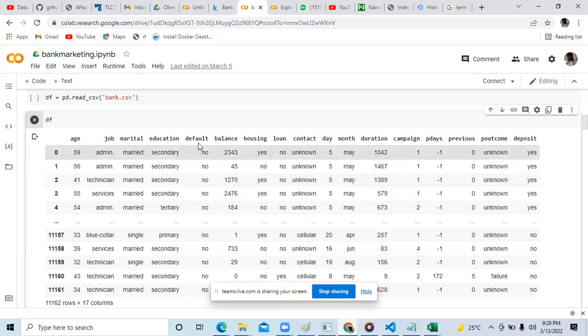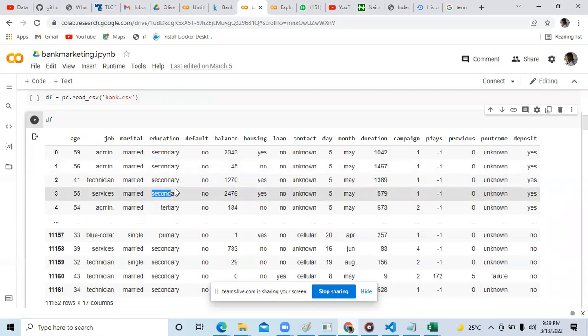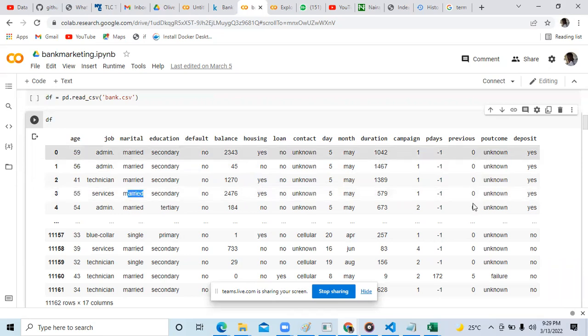So we could say, okay, let's look at education. Are the people in secondary school defaulting? Are the people with a professional certificate defaulting? We can look at marriage. Let's look at how marriage has affected our previous campaigns.